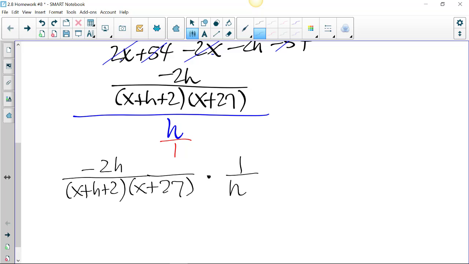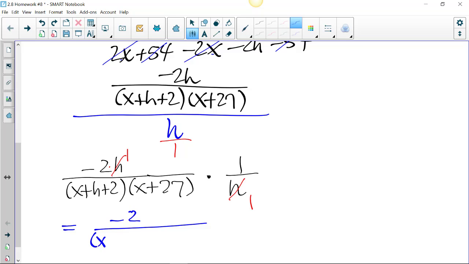Okay, and then when we multiply, remember we always learned in the old days to cross cancel or divide out common factors. So I can see I have a common factor of h, numerator and denominator. I will divide those out, which gives me negative 2 times 1, so I have negative 2 on top.